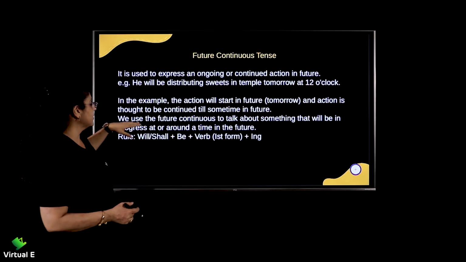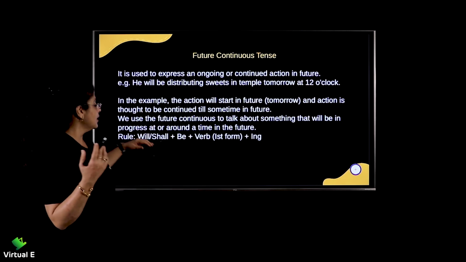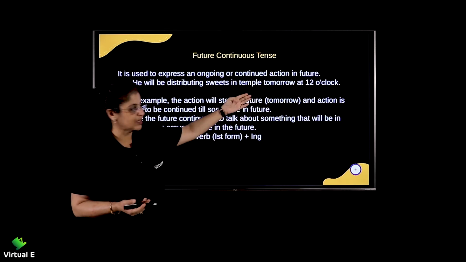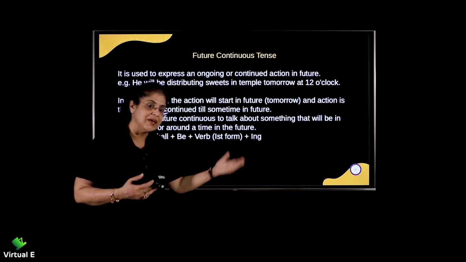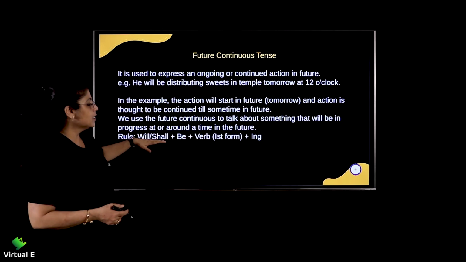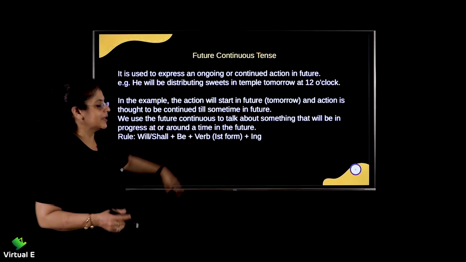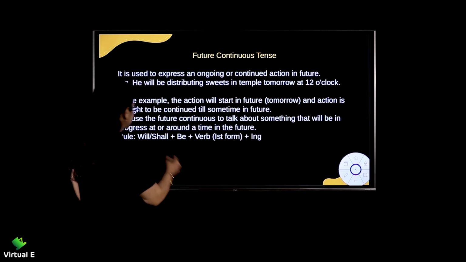Again, time specified. We use the future continuous to talk about something that will be in progress at or around a time in the future. Like I already said, at that particular point of time, certain action will be happening. So again, will or shall plus be plus verb plus ing. Very important for you to remember this.